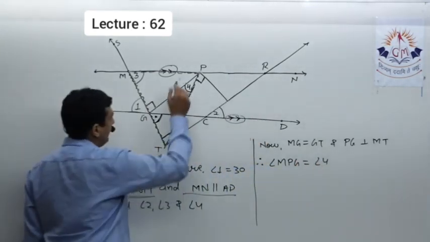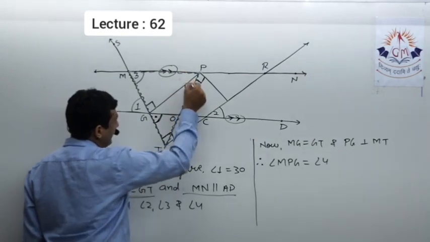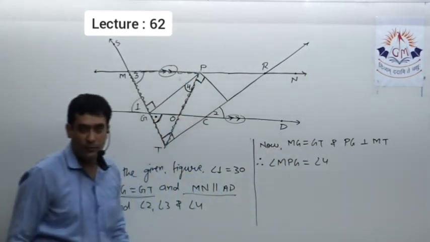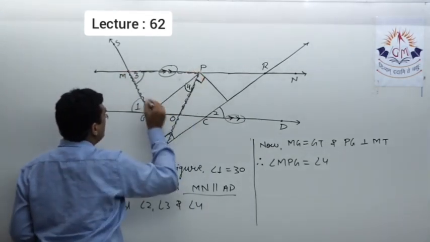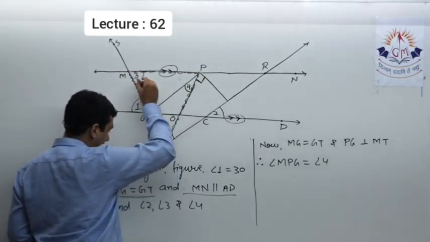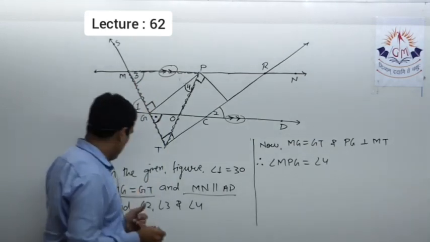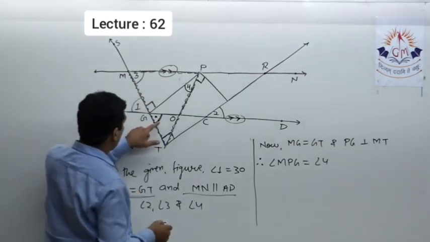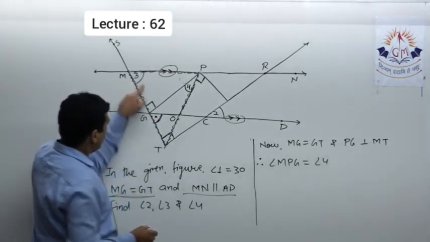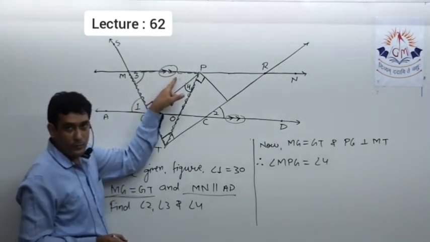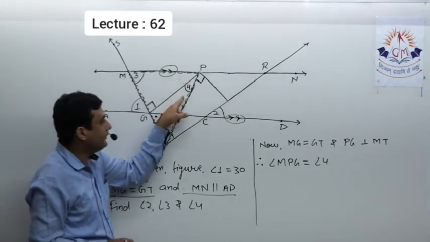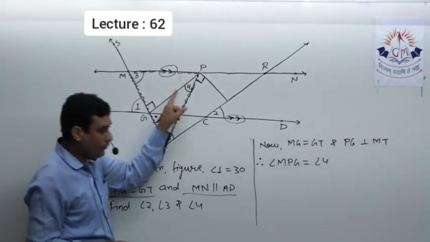So if I am able to find the measure of angle MPG, I will be able to get the measure of angle 4. See, now in triangle MPG, angle 3 we measured was equal to 30 degrees. This is 30 degrees, this is 90 degrees, so we'll get the measure of angle MPG, and as soon as we get the measure of angle MPG, definitely we'll be able to get the measure of angle 4.